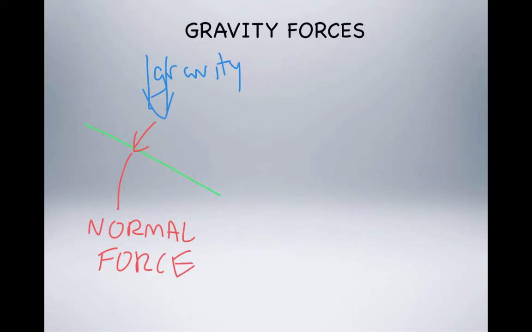Part of gravity is also hitting the slope at an angle. If we go downslope, the force of gravity that is parallel to the surface is called the shear force.